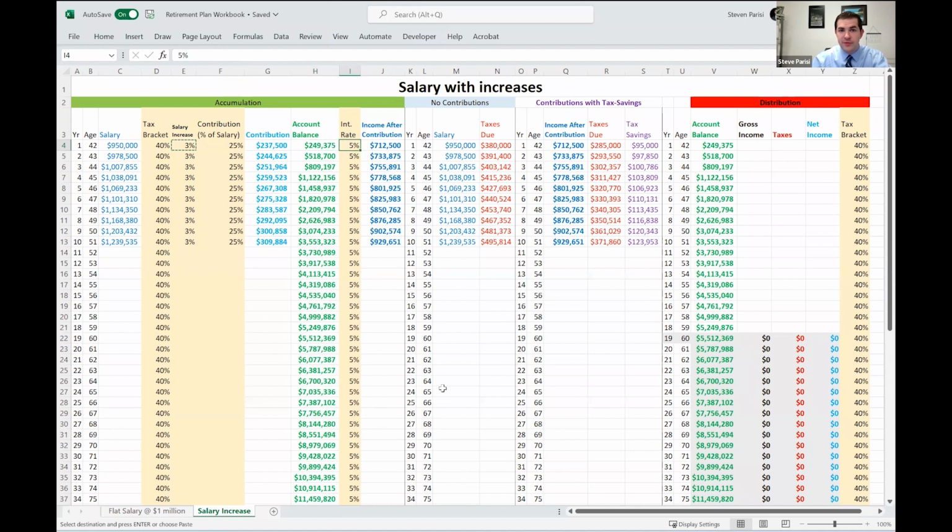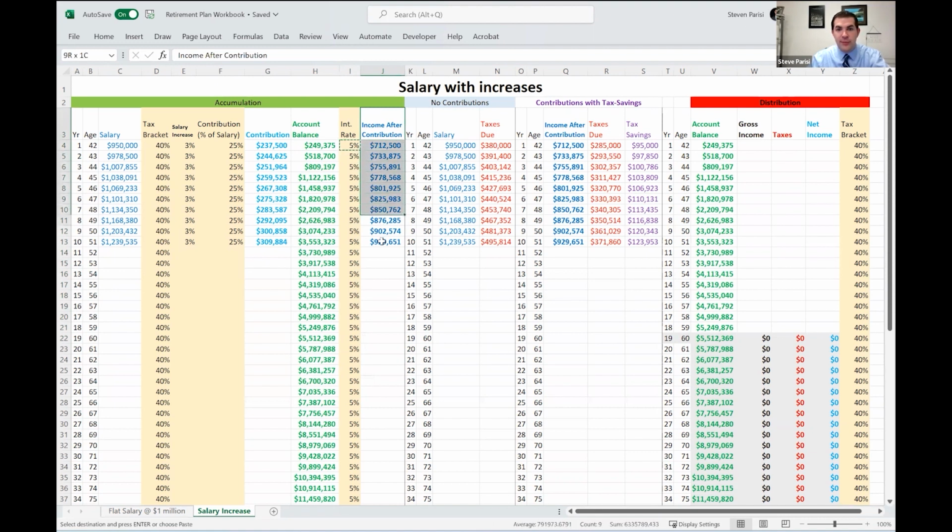The reason why is because I have a 5% interest rate applied to this account balance. $237 goes in over 12 months at a 5% interest rate, it will grow to $249 and change. If someone feels that's too aggressive, we can adjust that percentage, and you can vary it each year if you'd like, or just make it flat. I prefer it flat because it's simple, but we can adjust that.